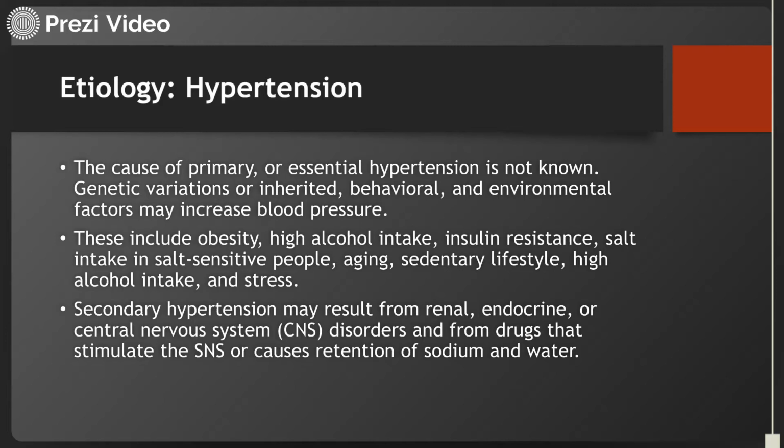Environmental factors, maybe you work in a high fast food environment, and that's the only food you have access to, so that can actually increase your blood pressure. These also include obesity, high alcohol intake, insulin resistance, salt intake in salt sensitive people, aging, sedentary lifestyles, and of course, stress.